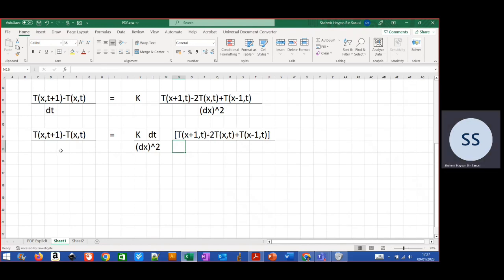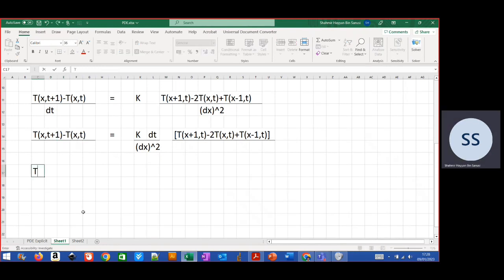So what we're going to do is organize it so that the left-hand side contains only t plus 1, and the right-hand side contains t only. We bring this to the right-hand side.